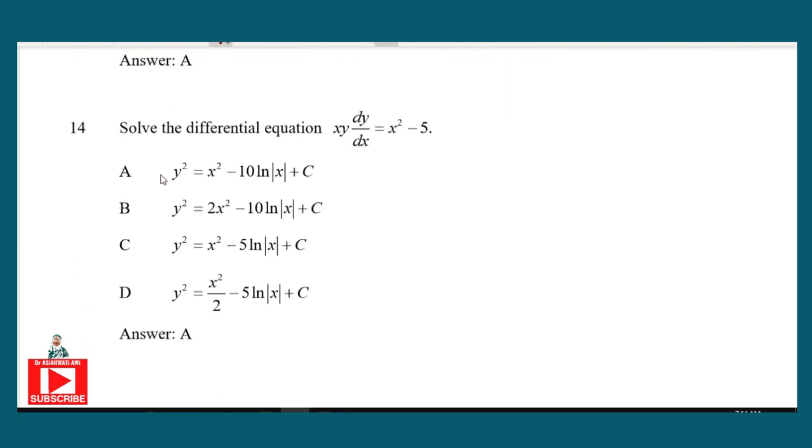Number 14, solve the DE. For this one, try separable variables. This is an x function.